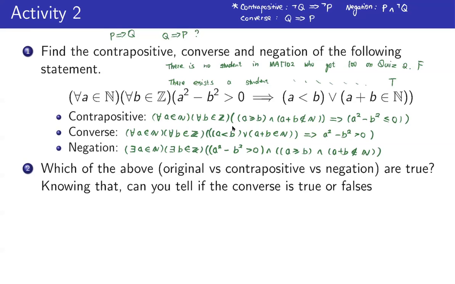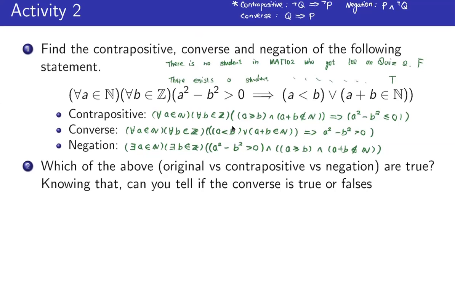Even if you know this is true, you don't know if this is true. If both are true, then it becomes an if and only if statement, but the truth values of those two statements don't affect each other. They are independent. Anyway, yes, you can prove using contrapositive, and you can use negation as well.